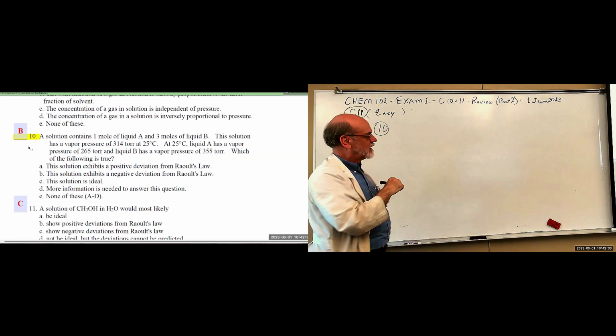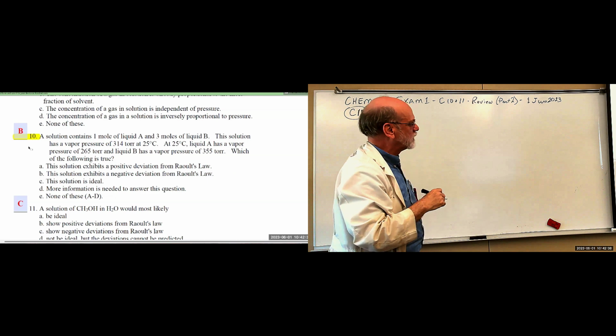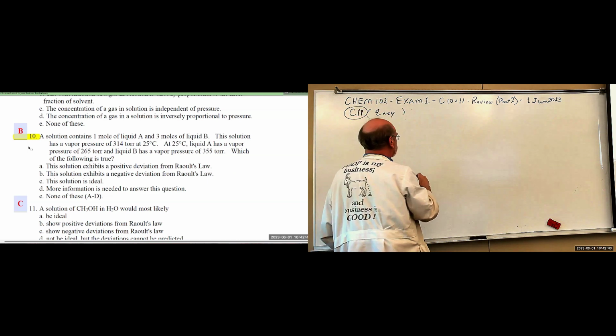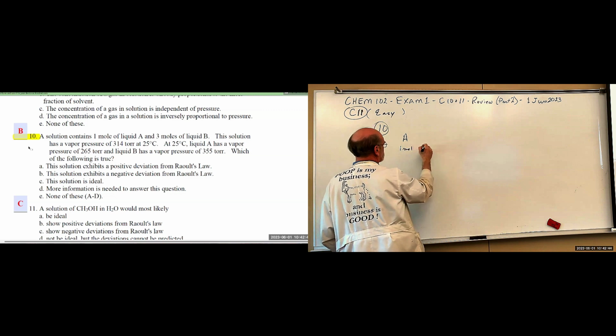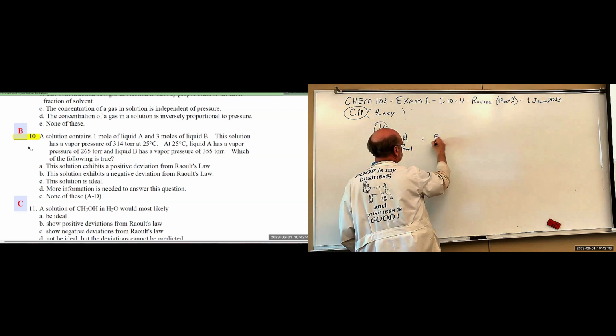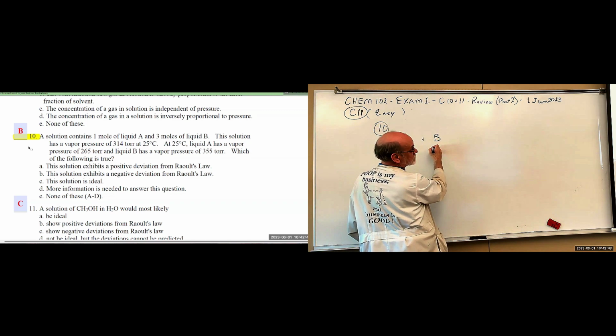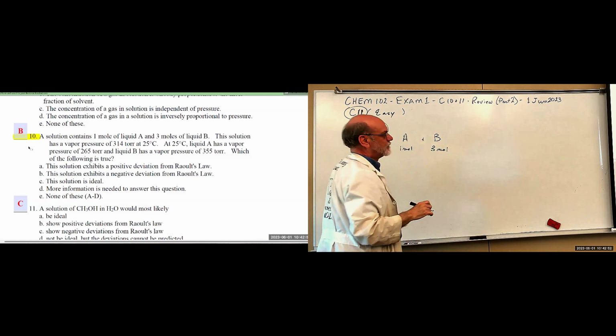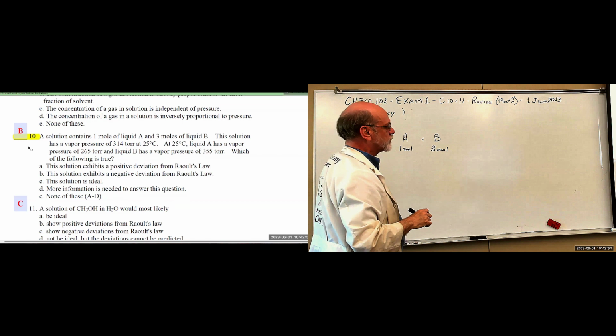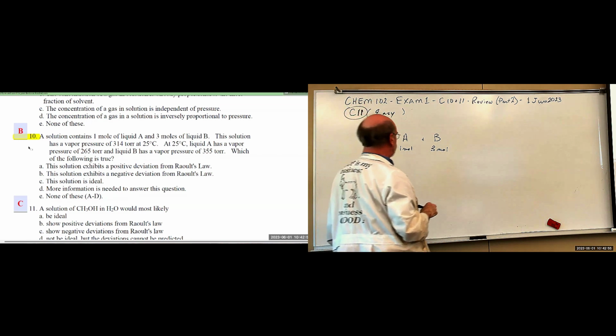N. A solution contains 1 mole of liquid A and 3 moles of liquid B. A is 1 mole, and B is 3 moles. This solution has a vapor pressure of 314 torr.